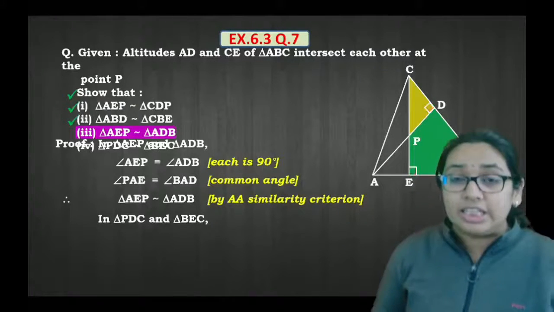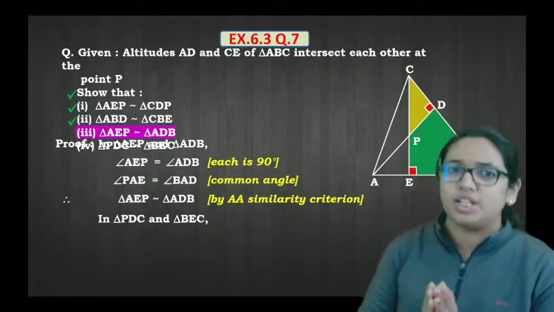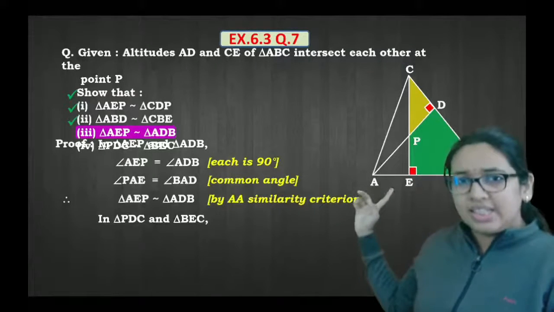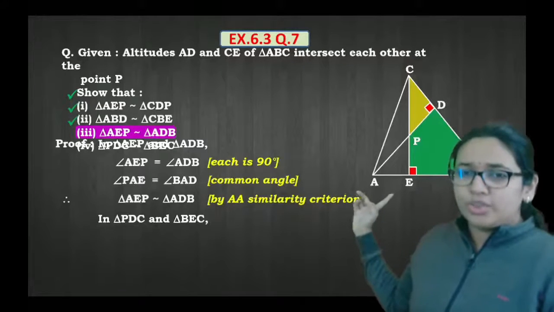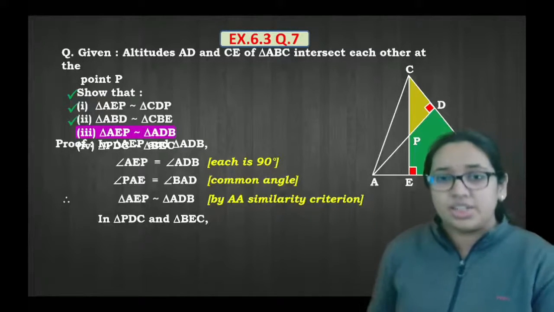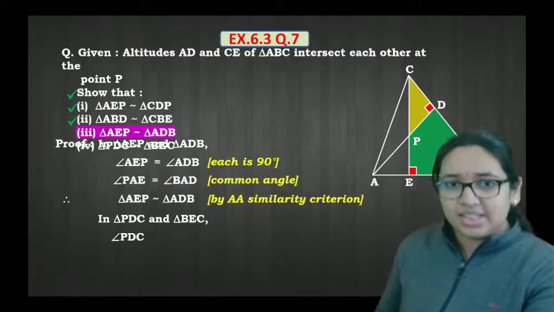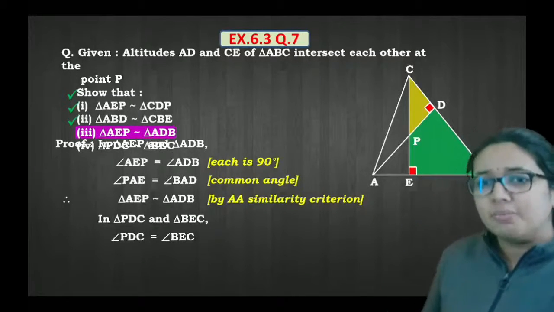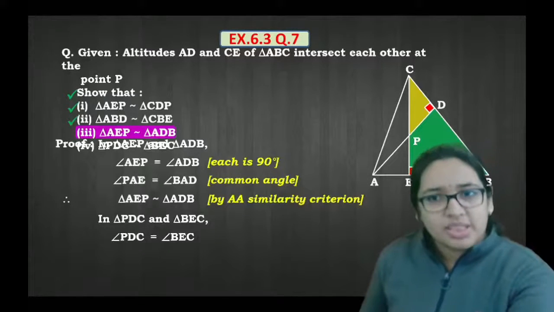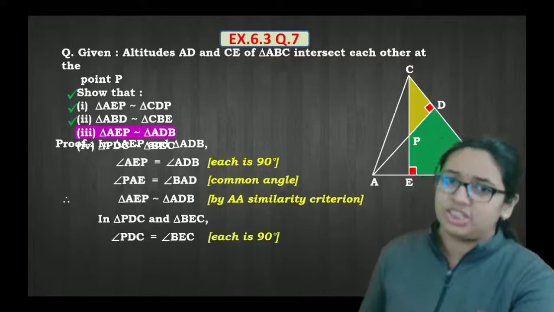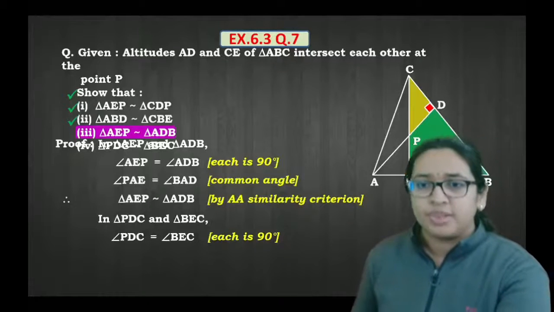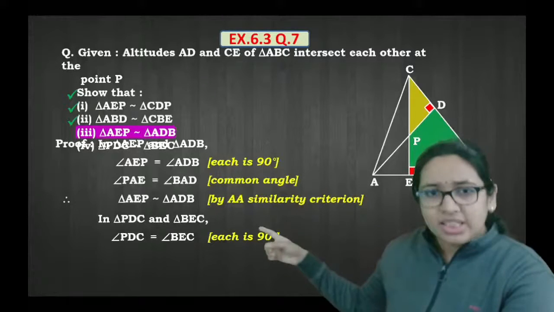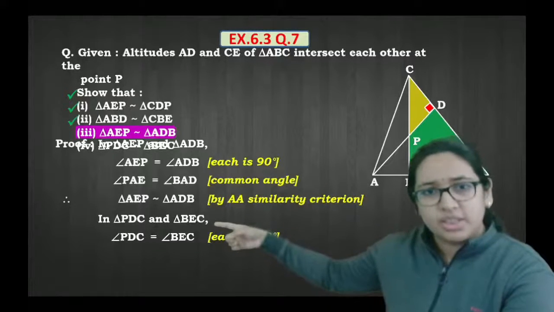Obviously, we start from what we did for the first three cases. We know that AD and CE are altitudes, so obviously they will form a 90-degree angle. So I can say that angle PDC is the same as angle PEC. What will be the reason for it? Nothing but each is of 90 degrees. Okay. Then again check whether there is any vertex common here.